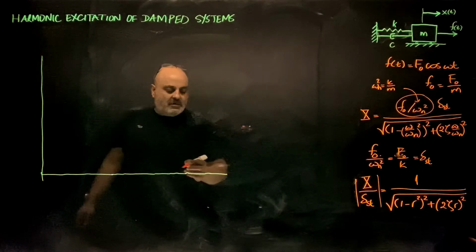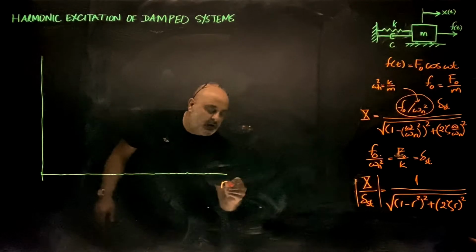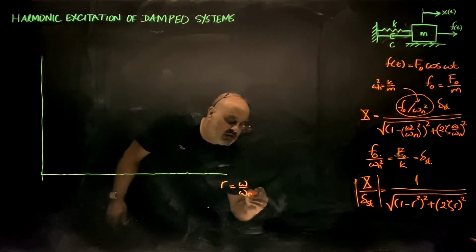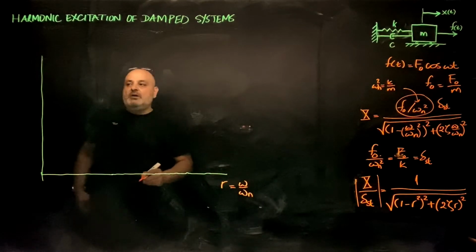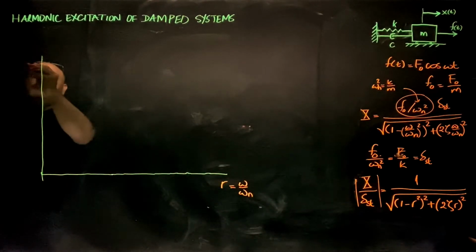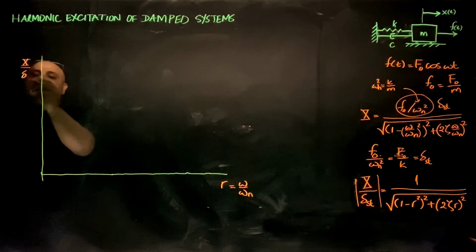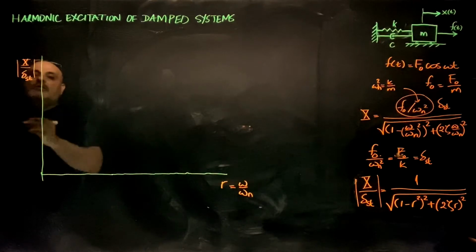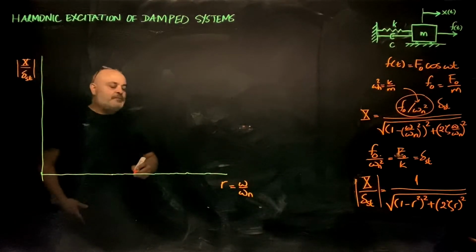Let's have r on the horizontal axis, which is the frequency ratio, and the magnification factor x by delta static on the vertical axis.